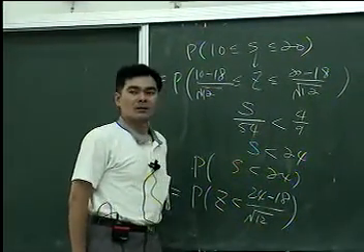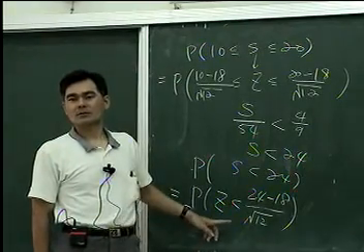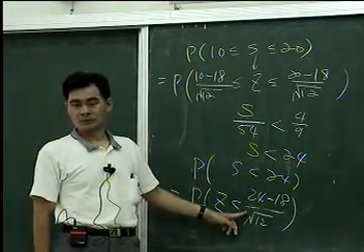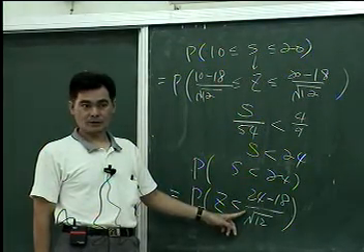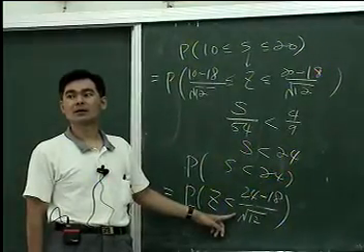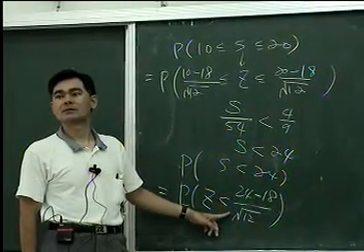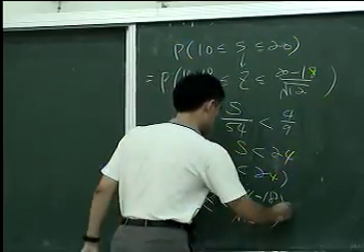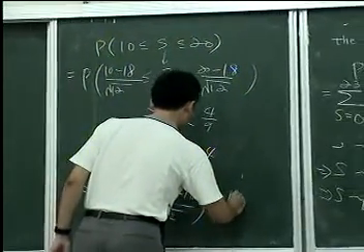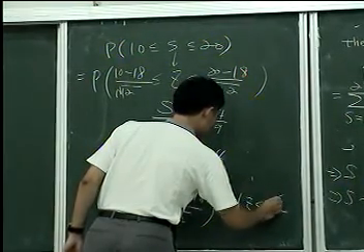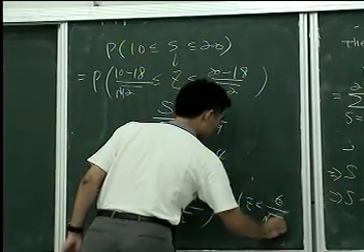Can anyone try to calculate this for me? If you've got a calculator, can anyone do this for me? Anyone get a calculator? So this will be P(Z less than 6 over square root 12).